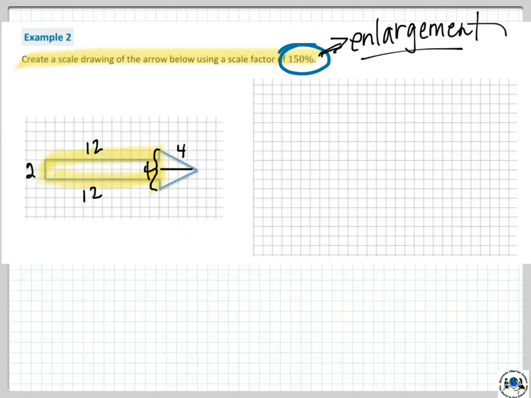All right, so when I did that, I then have to apply my scale factor, which is 150%. Therefore, my measurement of 2 is going to turn into a measurement of 3 units.